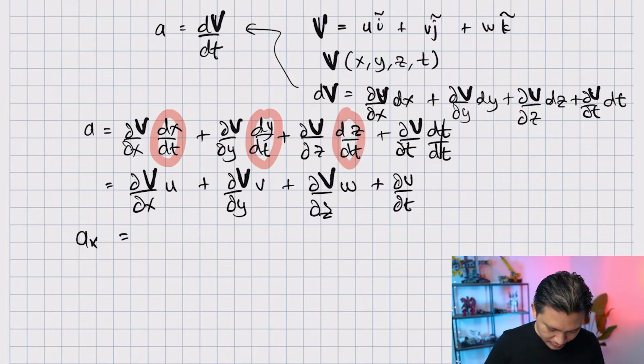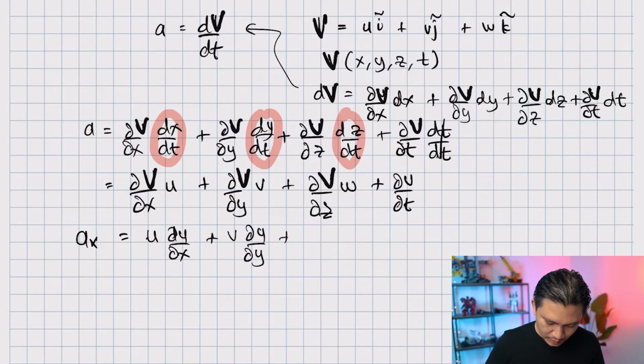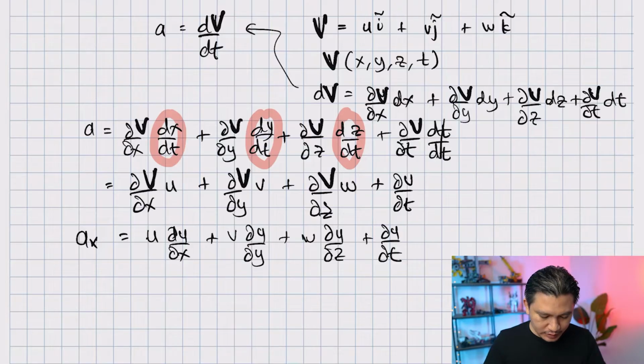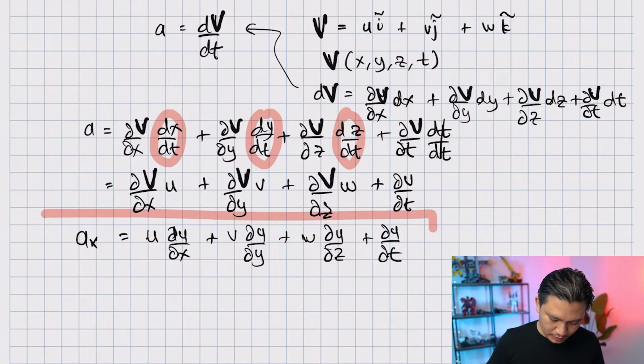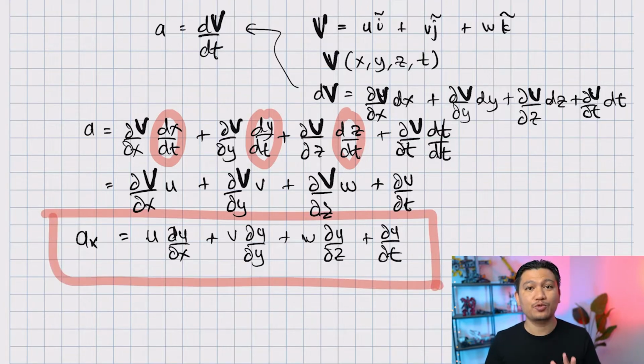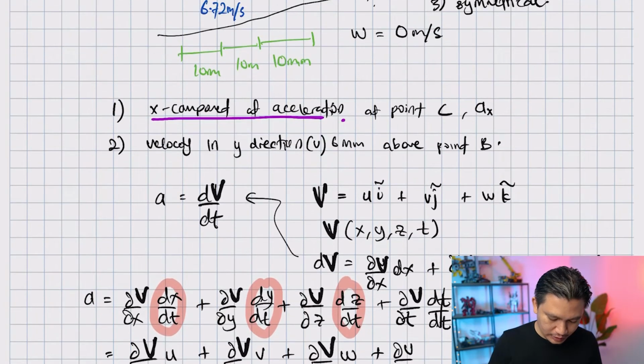So if I rewrite this, it becomes a_x equals u del u over del x, plus v del u over del y, plus w del u over del z, plus del u over del t. This is your acceleration term in the x direction, and this is the equation we are going to work with to solve question number 1.